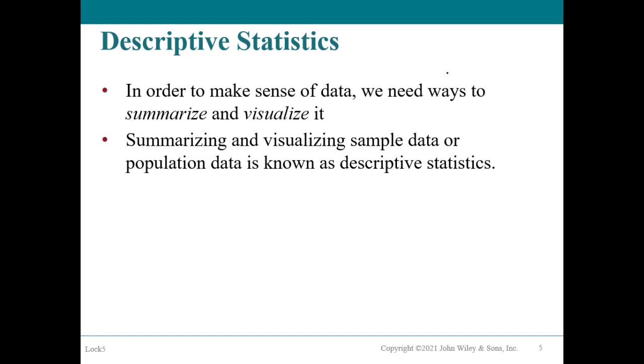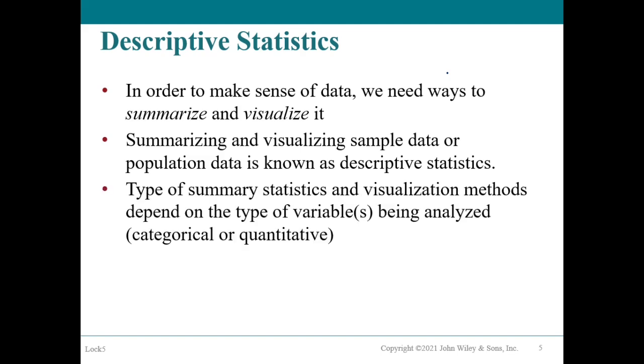When we think about descriptive statistics, we need to summarize or we need to visualize things. Summarizing and visualizing sample data or population data, we call descriptive statistics. These methods, the summarizing statistics or visualization, depend on the type of the variables, because we have two different types: categorical variables and quantitative variables.